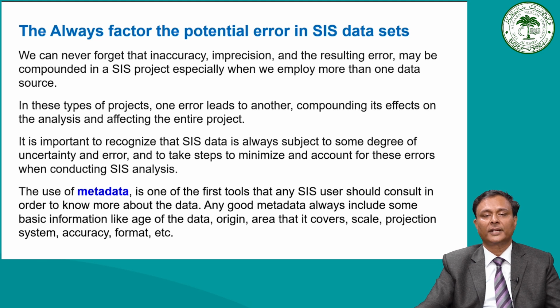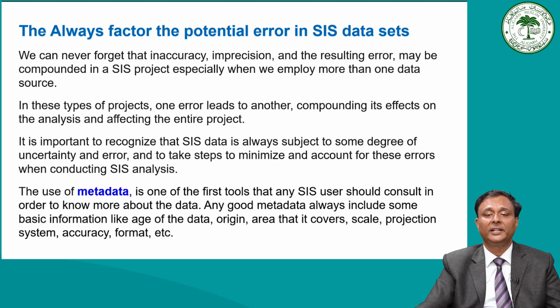It is important to recognize that spatial information science data is always subject to some degree of uncertainty and error, and to take steps to minimize and account for these errors when conducting spatial information science analysis.